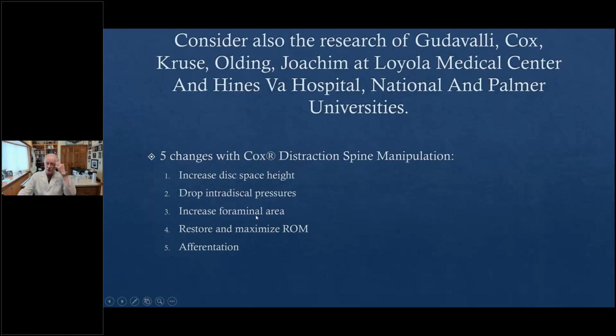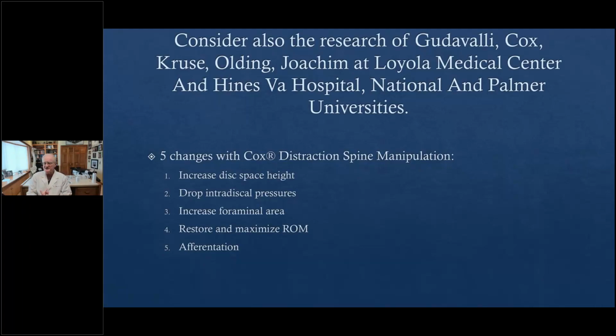Consider the research work of Gudavalli, Cox, Cruz, Olding, and Yoakum, done at the Loyola Medical Center, a published paper in the Hines VA Hospital with collaboration of National and Palmer universities, that the changes that take place within the spine when you apply Cox distraction spine manipulation are the following.